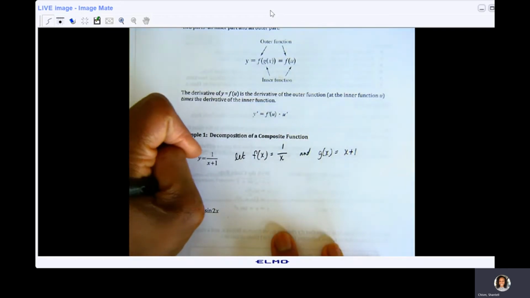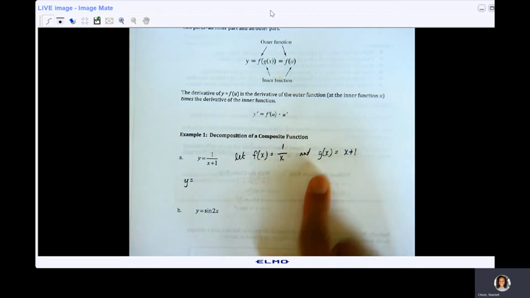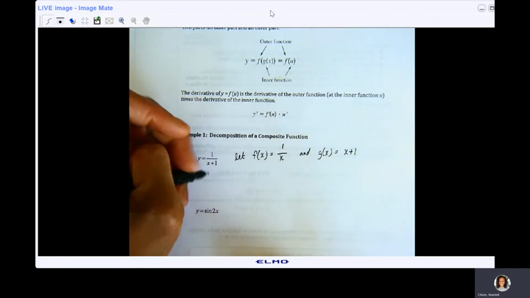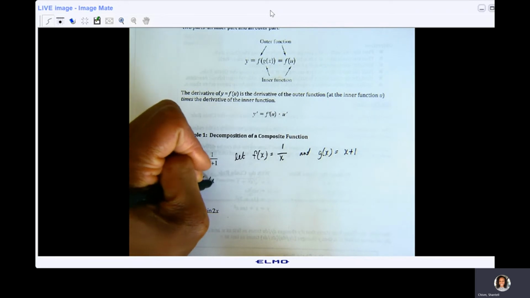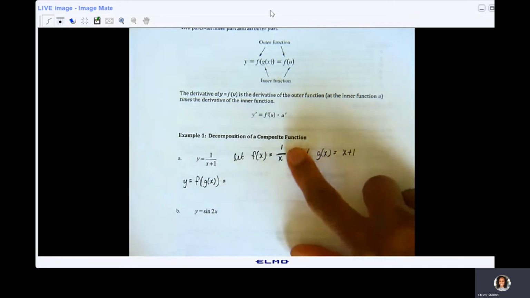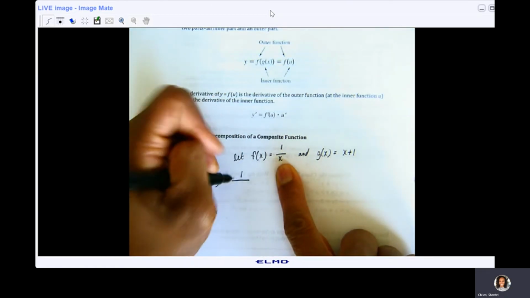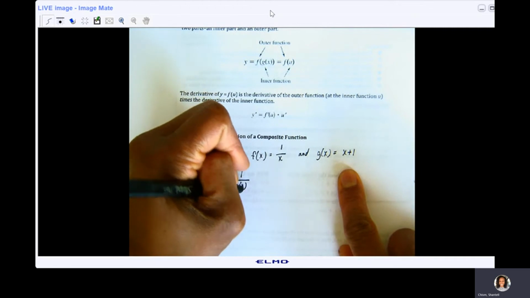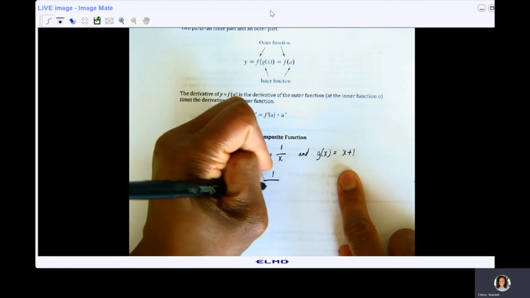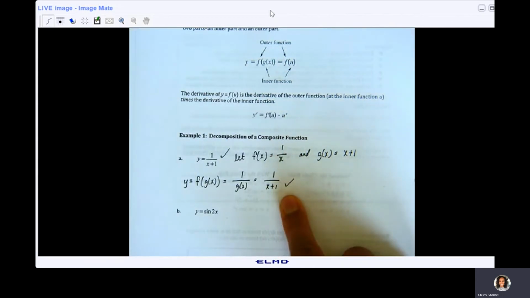Putting them together as composite functions, let's say y equals f at g of x. Where I have f, I write 1 over x, but where I have the x, I replace it with g of x, giving 1 over x plus 1, which checks back to the original function.